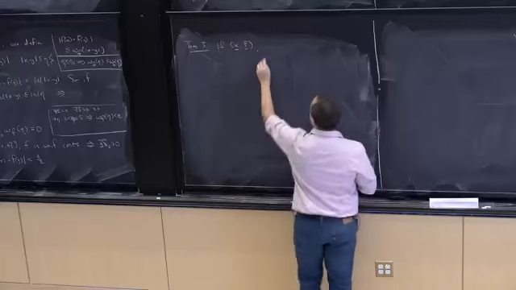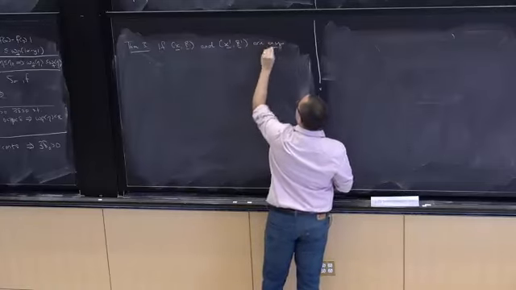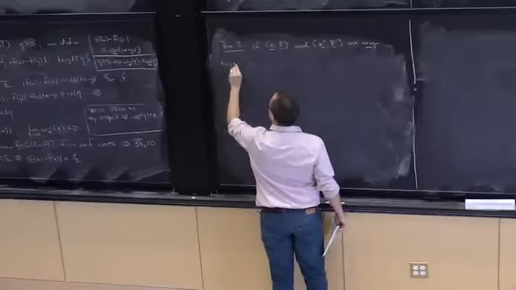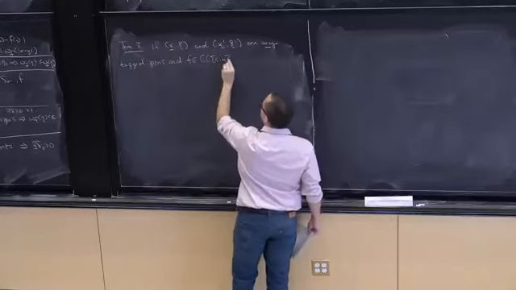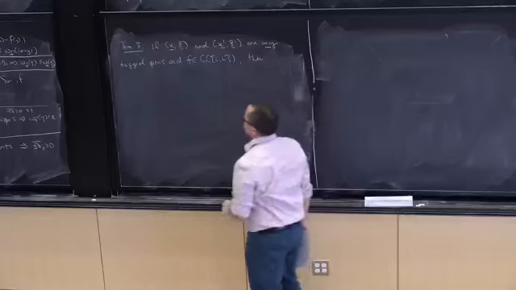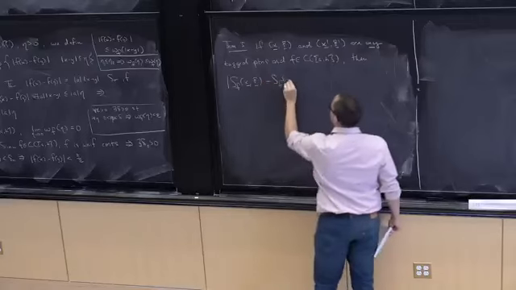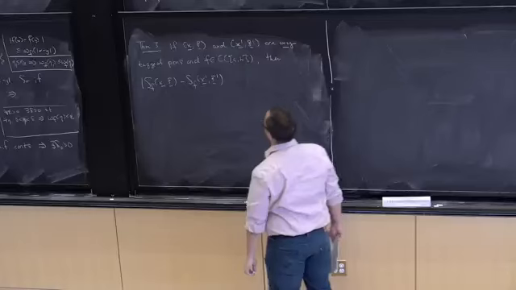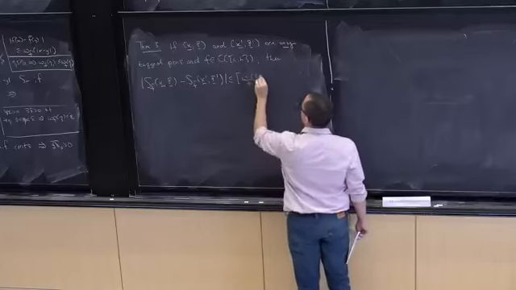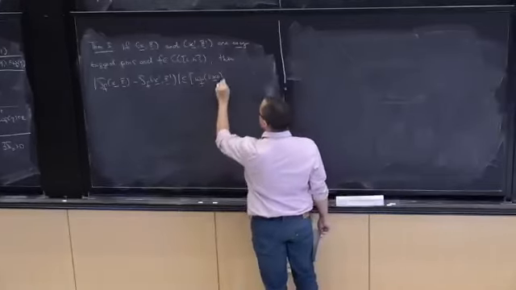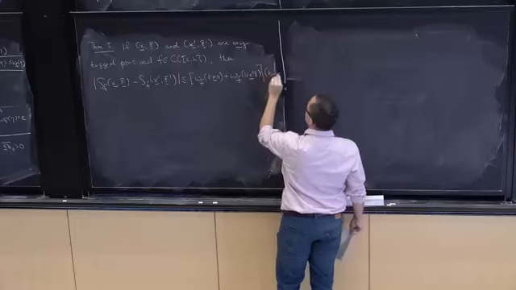If x with tags xi and x prime with tags xi prime are any tagged partitions, and f is a continuous function, then the Riemann sum of this one compared to the Riemann sum of the other is less than or equal to the modulus of continuity evaluated at the first partition plus the modulus of continuity applied to the second partition, times the length of the interval.